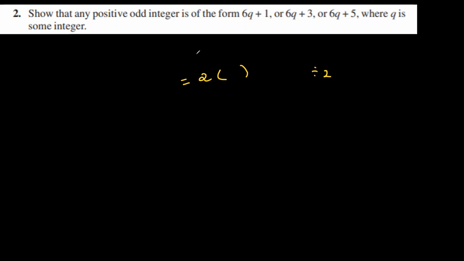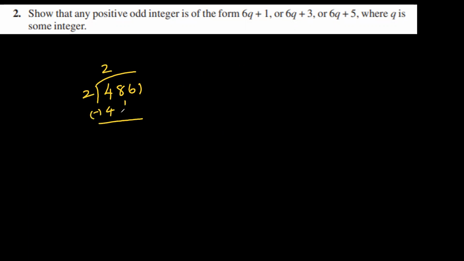Generally, whatever the number may be, if it is a 3-digit number, 5-digit number, 7-digit number, say for example 4861. When we divide it by 2, this is an odd number, isn't it? So when we divide it by 2, we get 8, 2 8s are 16, 2 3s are 6. So we get 1.